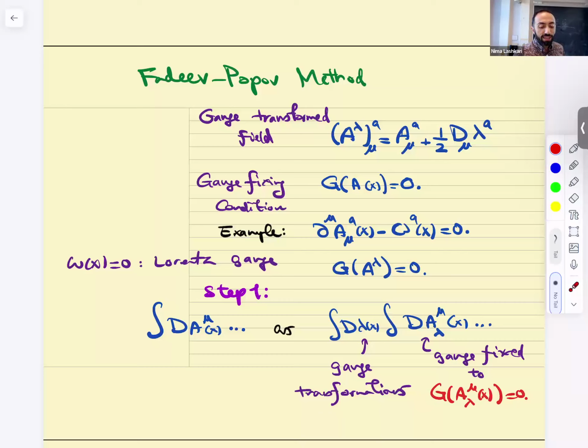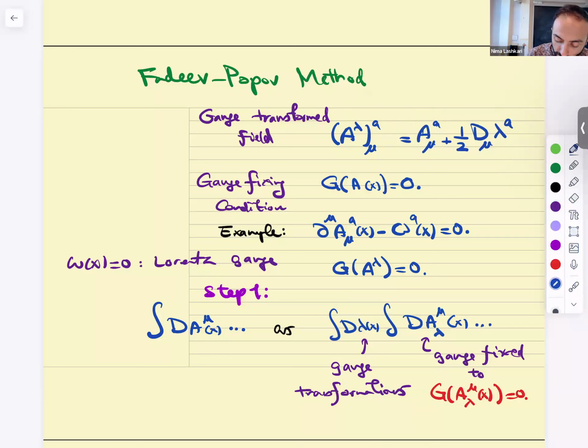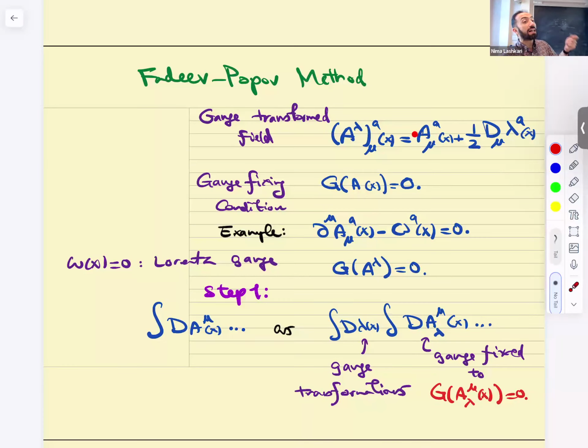Take a gauge field, A mu of x. I'm just suppressing x dependence. Let me just put it back in. A gauge transformation sends A mu of x, because it's Lie algebra valued, to A mu of A lambda. This is the gauge transformed version. This is the covariant derivative, right? And lambda of A is the analog of that.